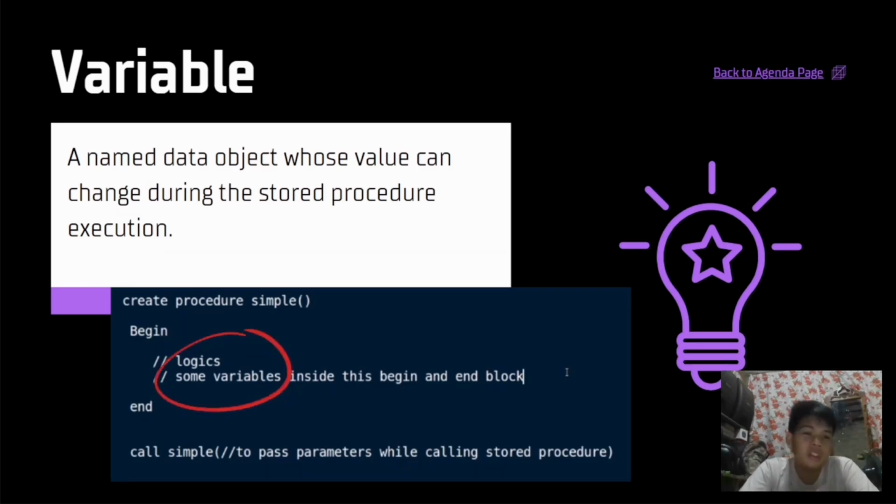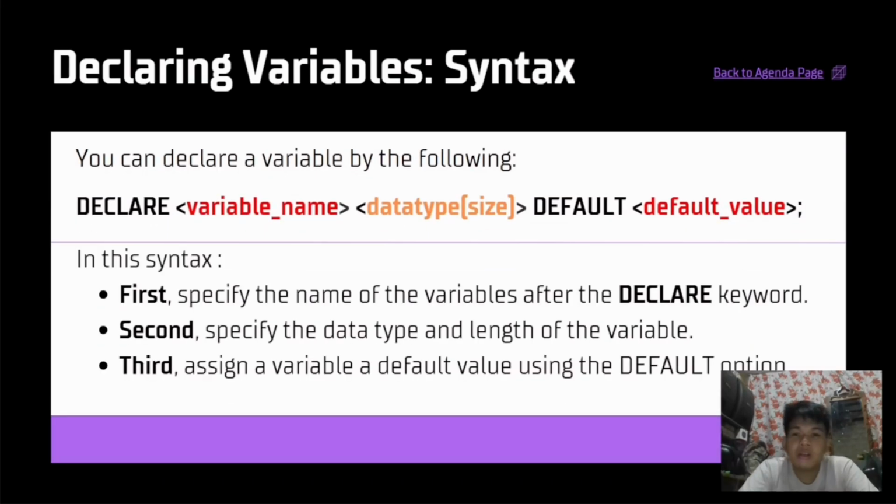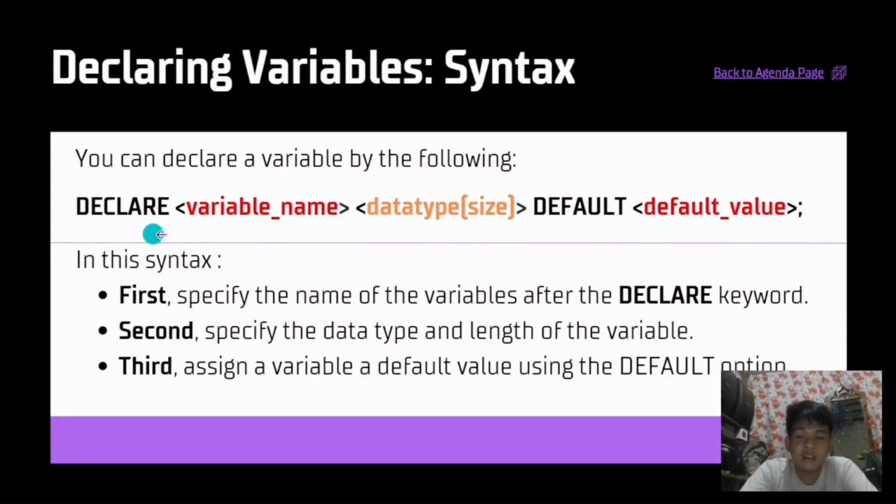Before using a variable, you must declare it. You can declare a variable inside the stored procedure with this syntax: declare, space, variable name, space, data type and its size, space, default, space, its default value.